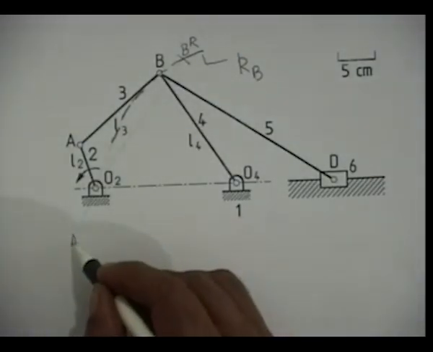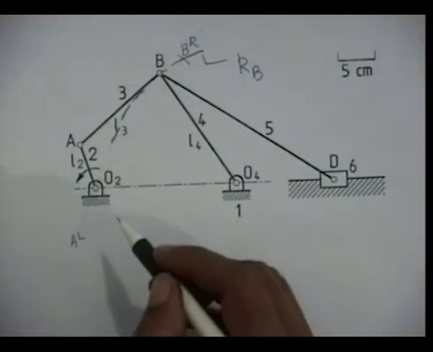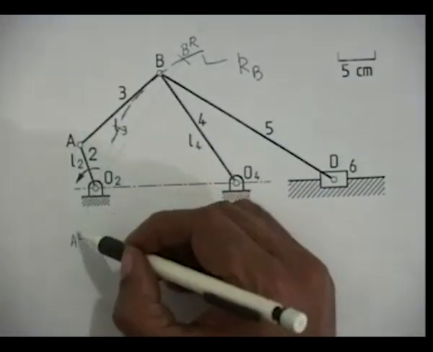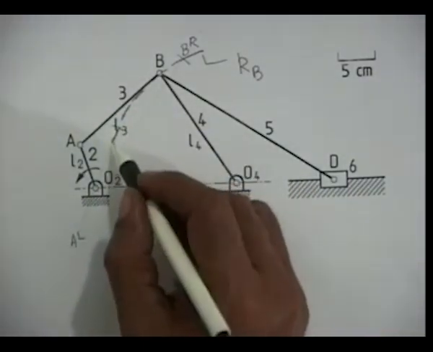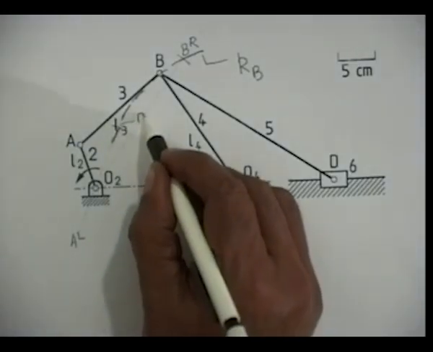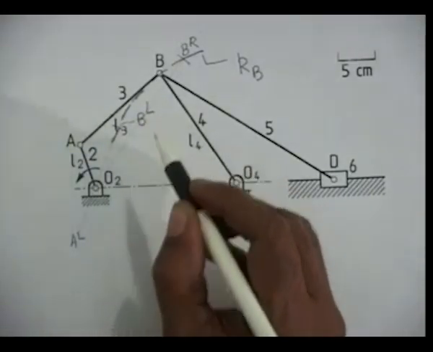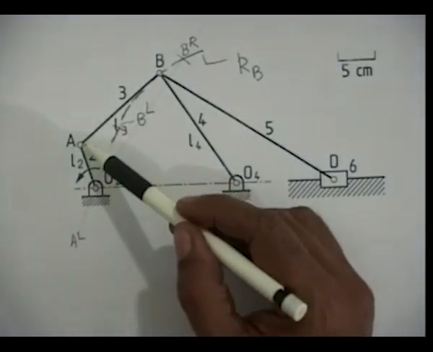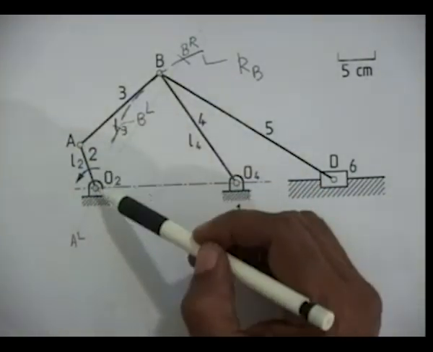Similarly, for the extreme left position, again link 2 and link 3 become collinear, but O2A comes here, let me call it AL, and ALBL. This ALBL is equal to AB, and this point becomes BL. That is, O2BL becomes the difference of the link lengths AB minus O2A.